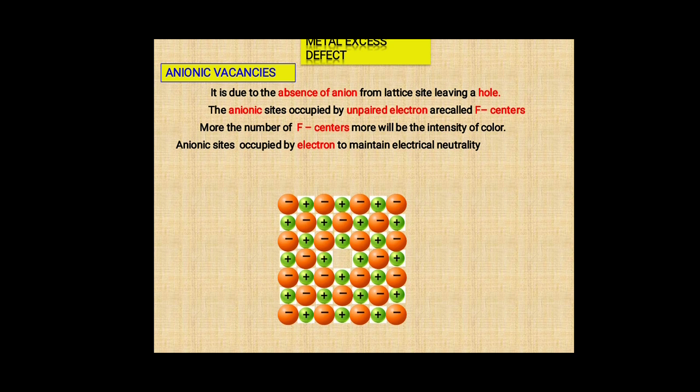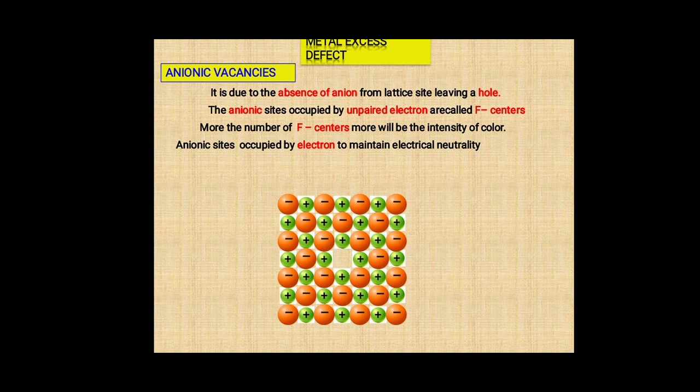You can see there is a box-like structure in the diagram. That is the site where the removal of anion is taking place. How the anion is removed is a different part of the discussion. So somehow the defect has occurred, leaving behind a vacancy due to the removal of the anion.